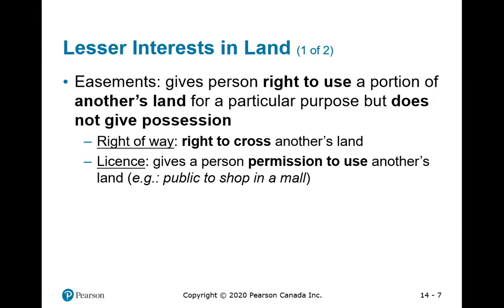Again, if you are buying a farm, for example, and you don't want anyone crossing your property, you need to review the certificate of title of the property to learn if there are any rights of way or not. There are rights of way also under the land for utility companies.